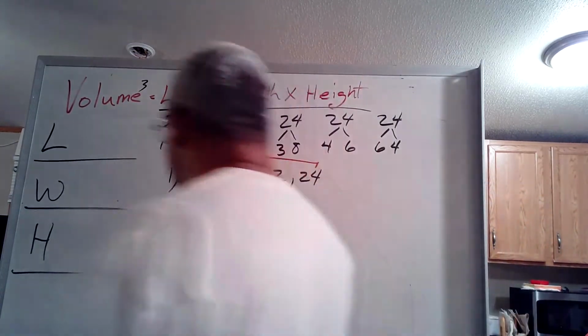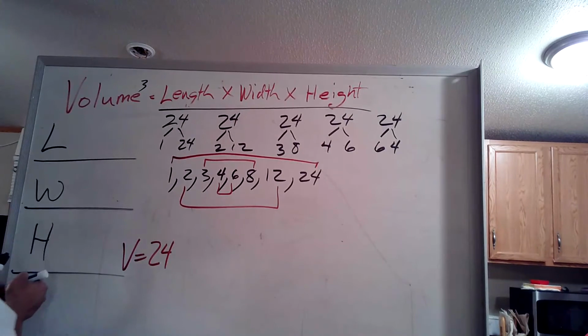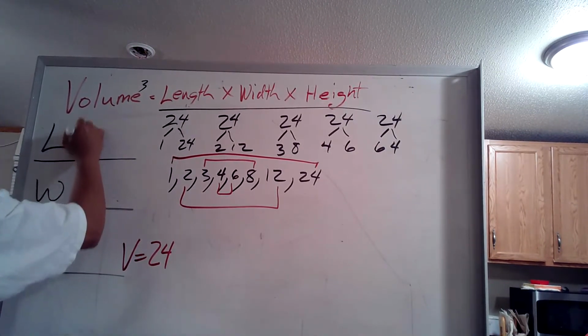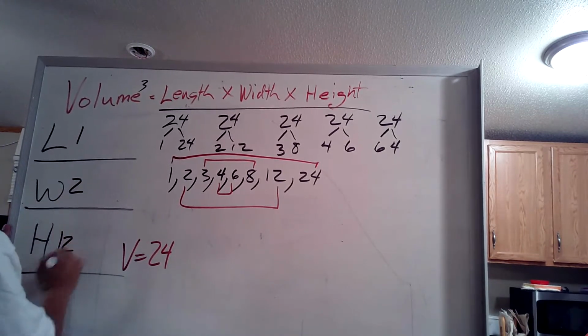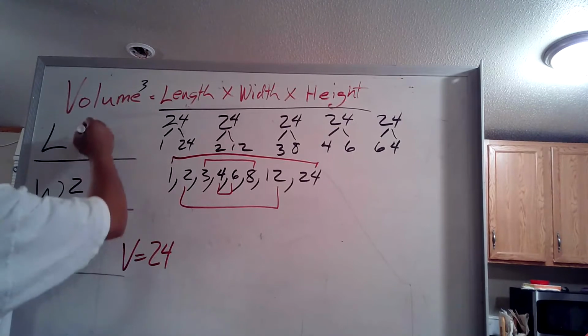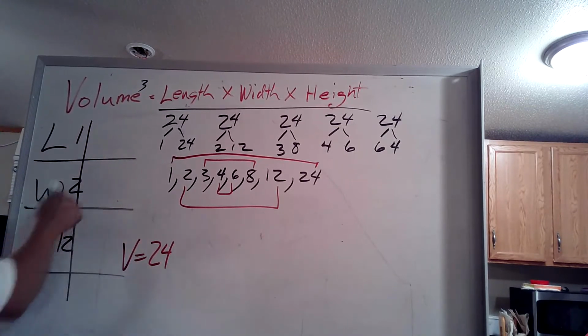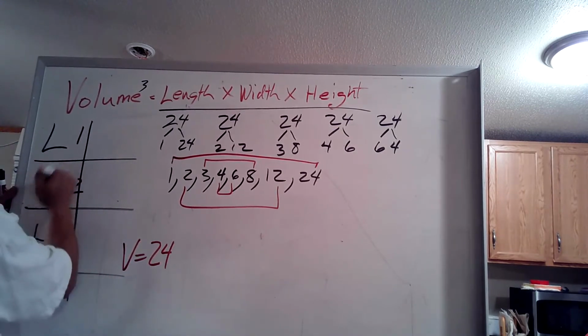So, I know, if I look at these numbers, and because I know my numbers, I could say 1 times 2 times 12, okay? Oops. Didn't mean to cut through my number there.